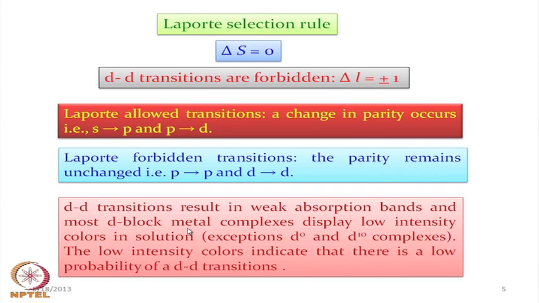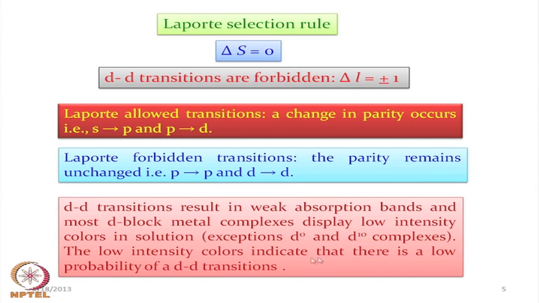So, why do we get these transitions even though they are very weak? The d-d transitions result in weak absorption bands, and most d-block metal complexes display low intensity colors in solution. That means our epsilon max values are small, with exceptions for d0 and d10 complexes, where we do not have to consider the d-d transition.